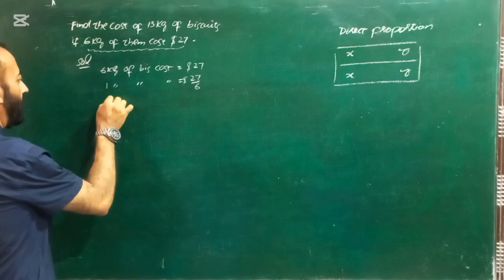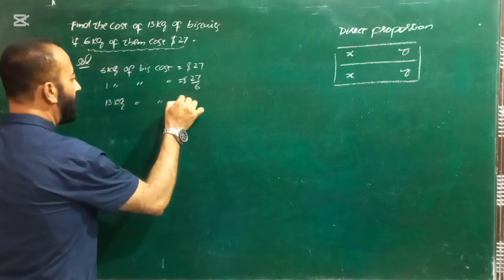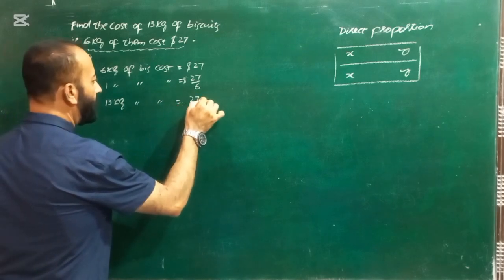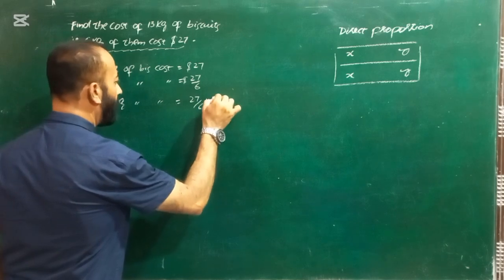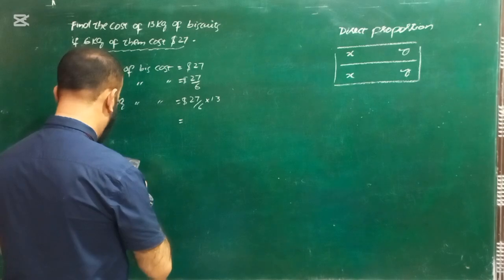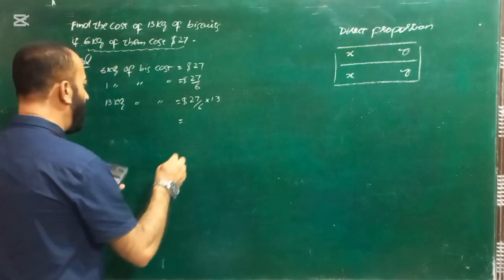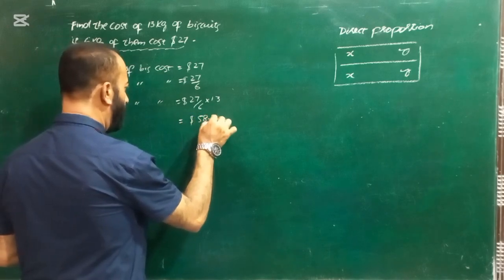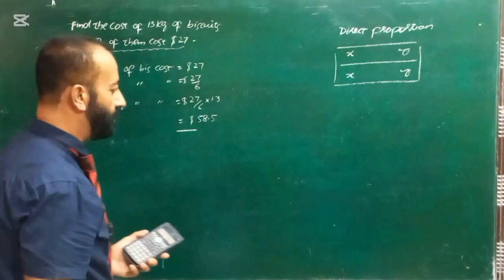So multiply 13 on both sides. 13 kg of biscuits will cost 27 over 6 multiplied by 13. Using calculators, 27 multiplied by 13 divided by 6 will make $58.5. So this is the cost of 13 kg of the biscuits.